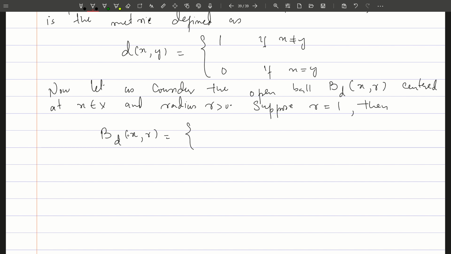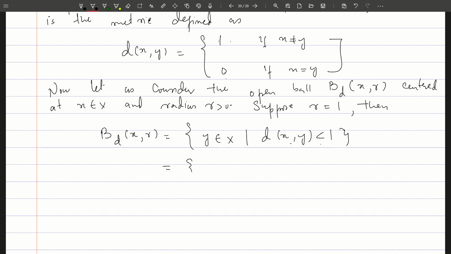So then B_d(x, 1) is the set of all points y in X whose distance from x is strictly less than 1. Now here the distances are either 1 or 0. If the distance is strictly less than 1, then it has to be 0 because there are only two choices for the distance.